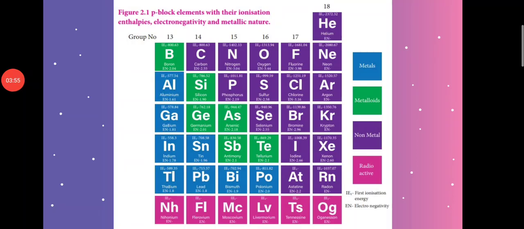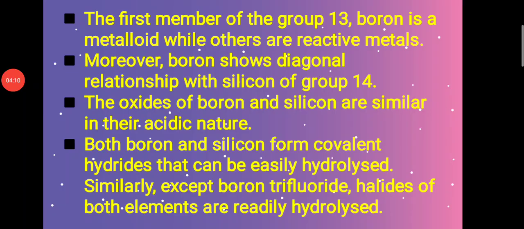Can you see here, boron shows a diagonal relationship with silicon. Below boron, here you can see the diagonal relationship of boron and silicon. How are they similar diagonally? First, the oxides of boron and silicon are acidic in nature.